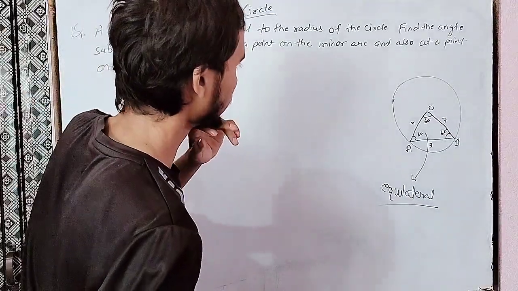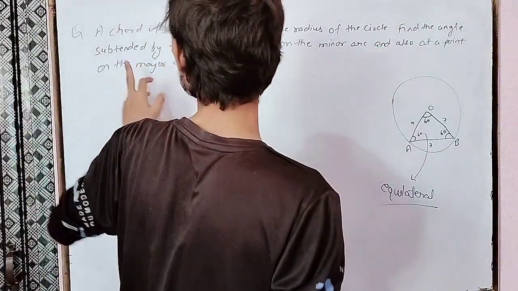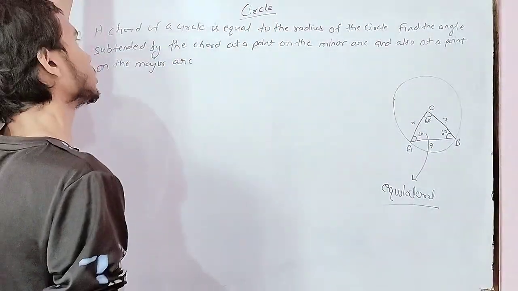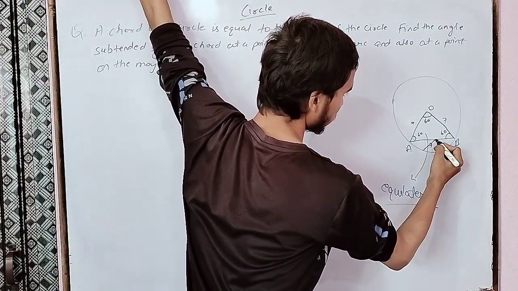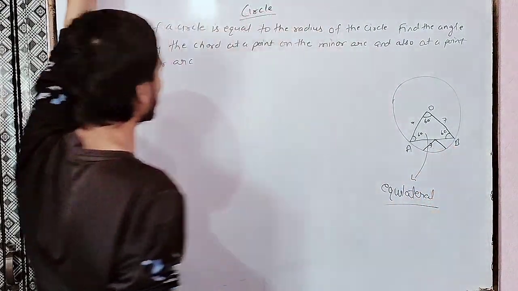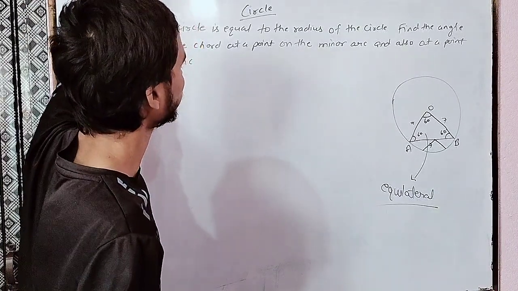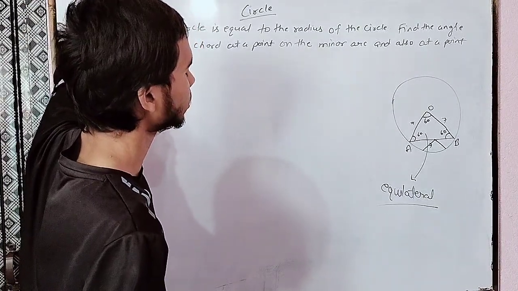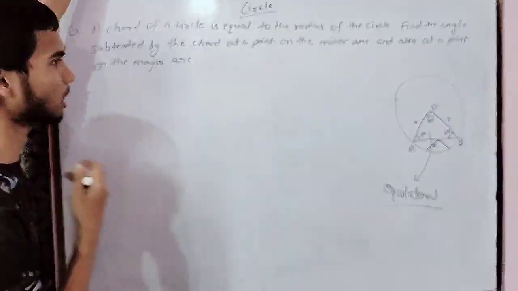Now, what is the question saying? Find the angle subtended by the chord at a point on the minor arc and also at a point on the major arc.